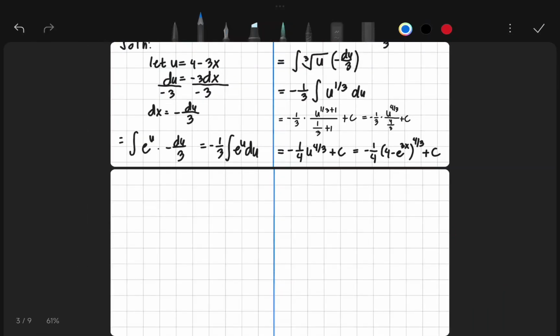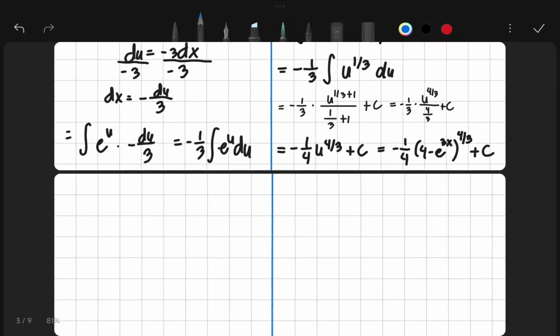So let's have number 5. Our number 5 would be: we have the integral of e raised to 2x minus e raised to negative 3x, all raised to 2, dx.